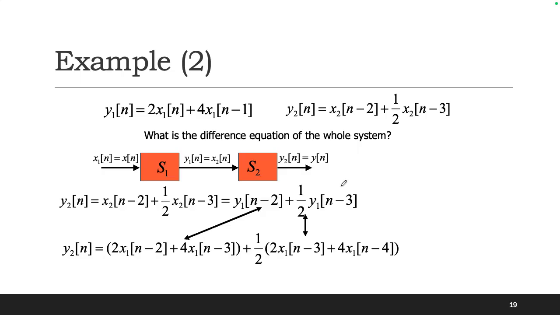And then we know y1 equals what? Like 2x[n] plus 4x[n minus 1]. Am I right? So which means if I use n minus 2 to replace n, I will change this to n minus 2, and this to n minus 2 minus 1, right?